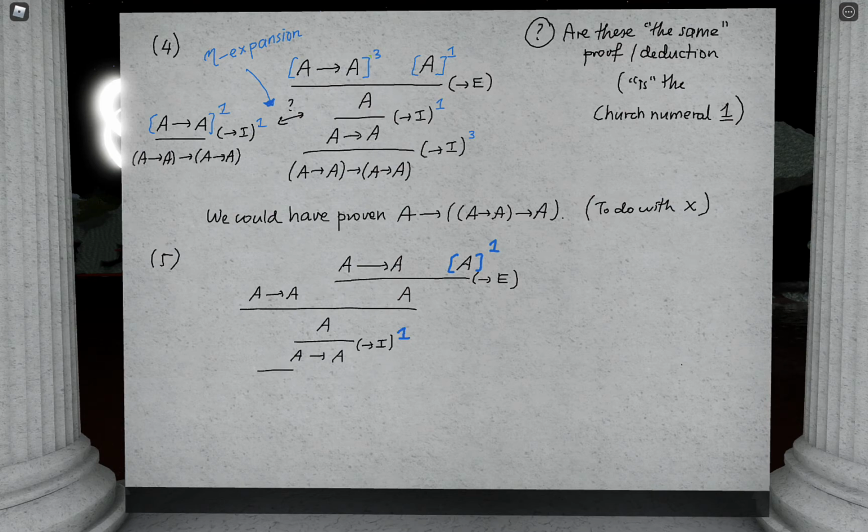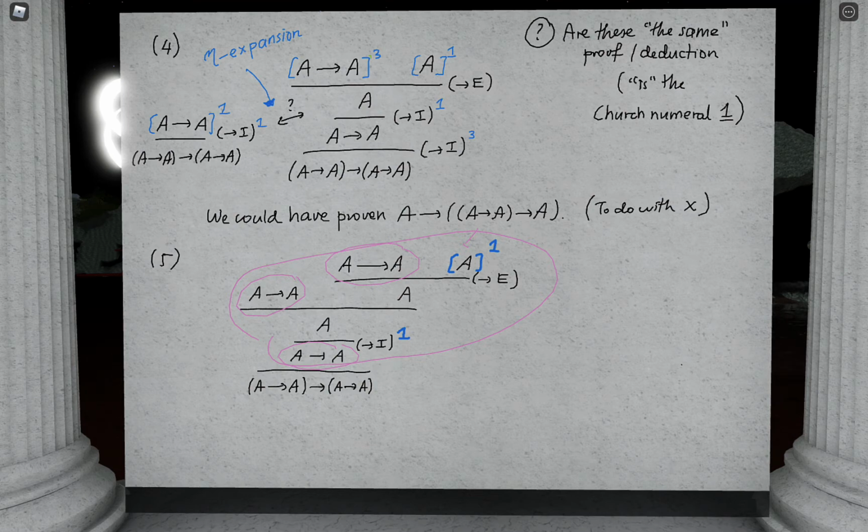And then we can discharge, well, we get to choose, right? We could now, so I'm about to prove this. Okay, so the proof up to here is a proof of A implies A on, well, this hypothesis has been discharged, so there's two open undischarged hypotheses.